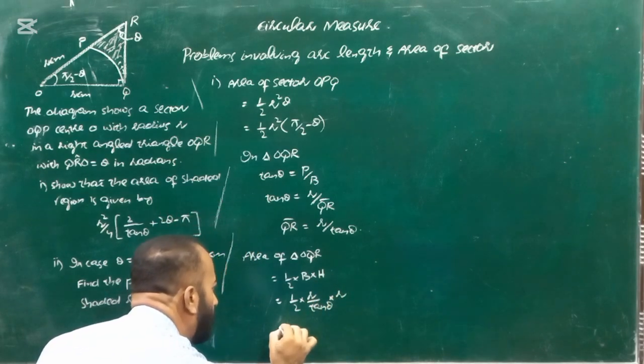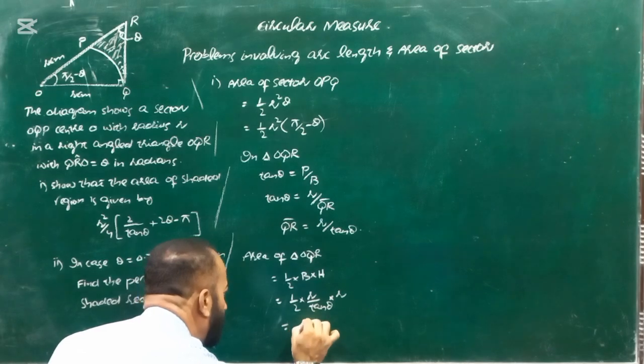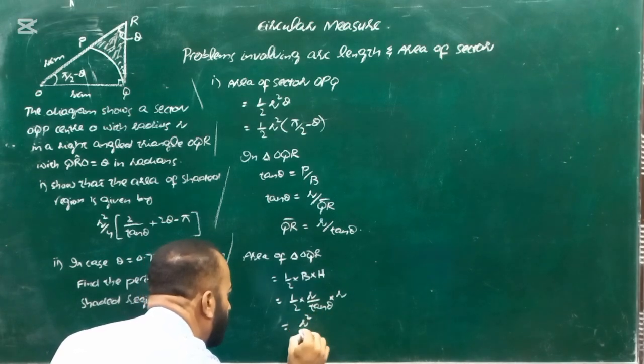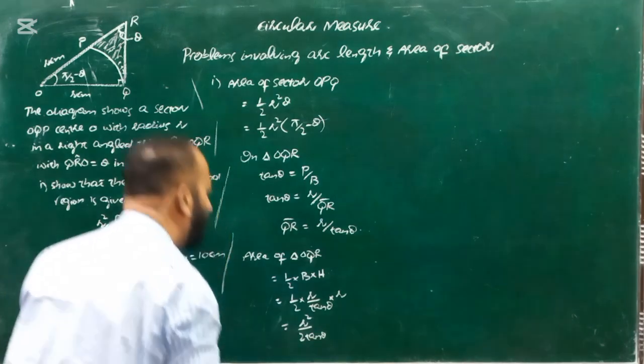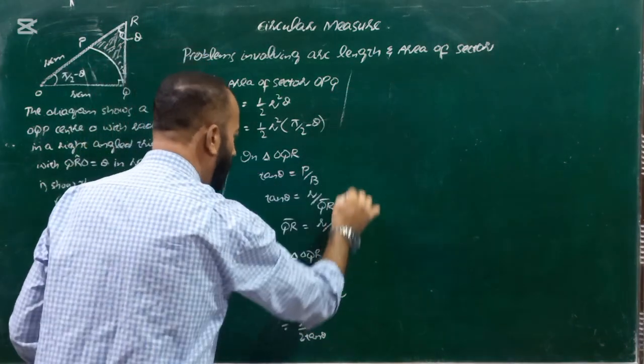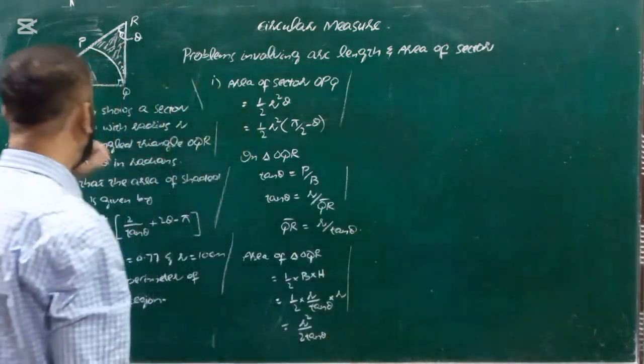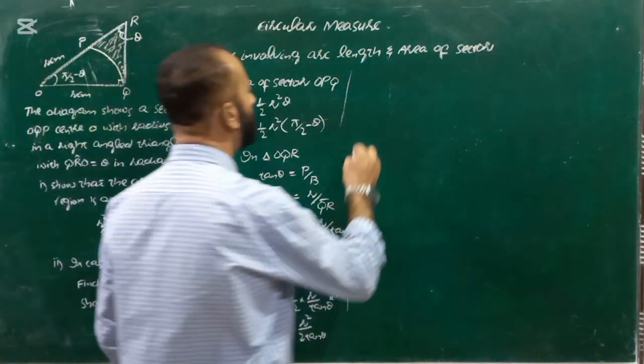So it will be equal to r square over 2 tan theta. Okay. Now we can find the area of the shaded region.